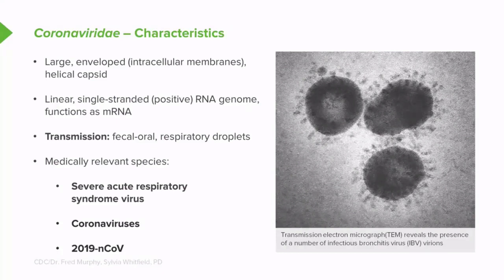The transmission electron micrograph in front of you shows the typical appearance of, in this case, an animal strain of coronavirus. And you can see that they have an almost petal-like arrangement around the outside of the membrane itself.